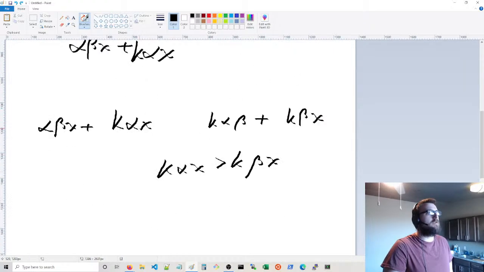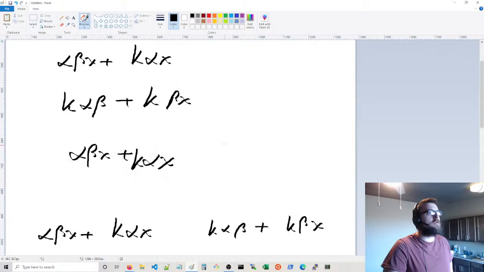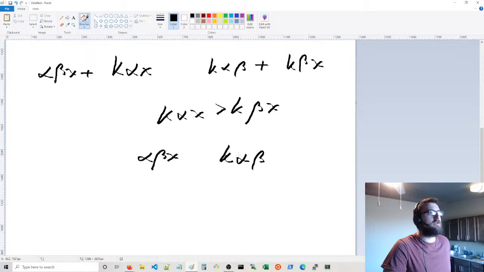But the other two, how do you compare alpha beta x to k alpha beta? Well, if k is greater than x, then this is larger than x, and so this one will actually be larger than this one.